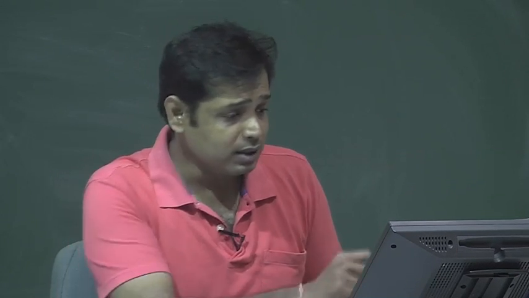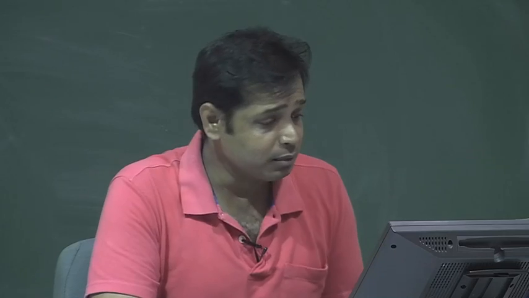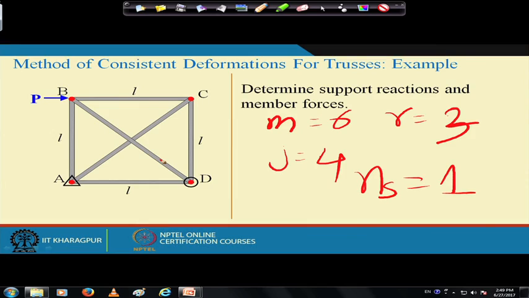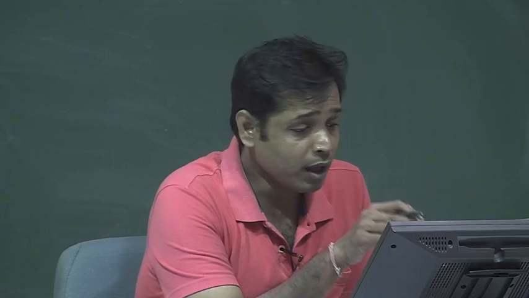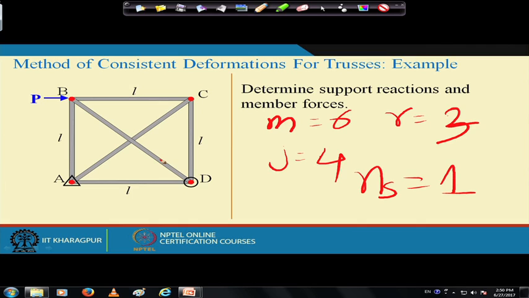Now, in the previous case the indeterminacy was caused by the supports, so any support reaction was taken as the redundant force. But in this case, since it is the member which causes the indeterminacy, we need to take one member force as the redundant force.